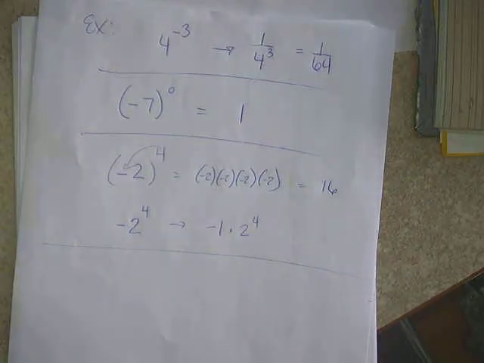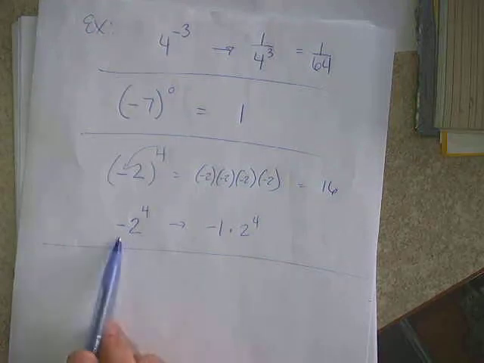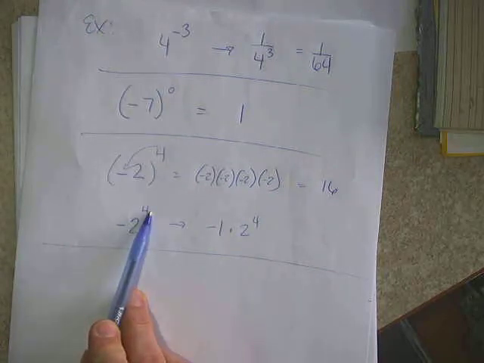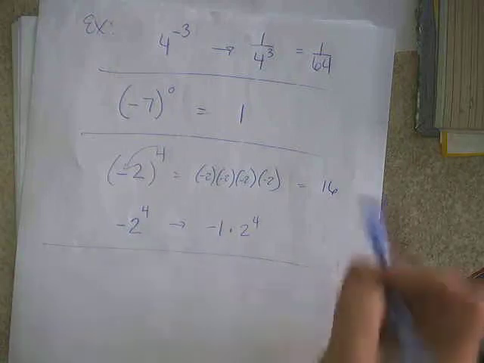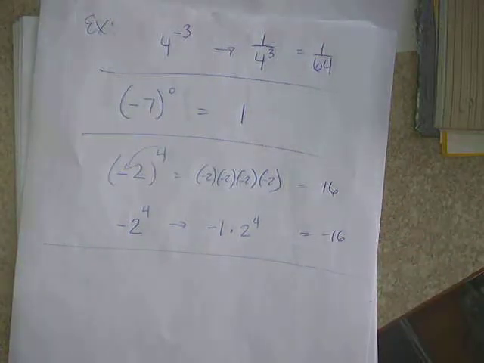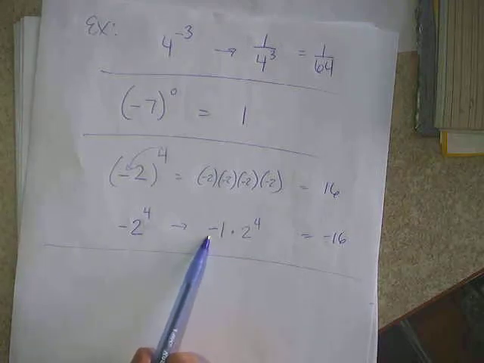What's the difference here? -16. Only the 2 gets that exponent. This is pretty much like saying the opposite of 2 to the 4th. That's the difference. So that negative does not get the exponent.